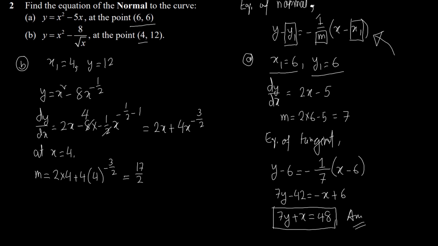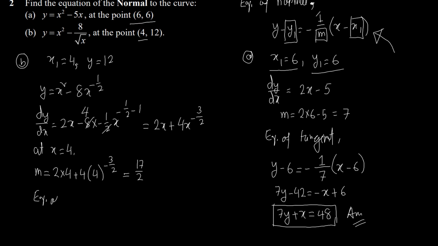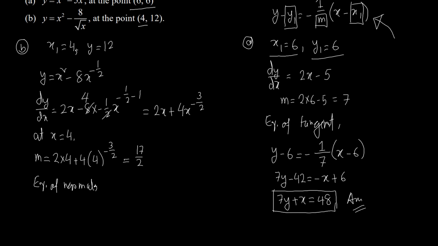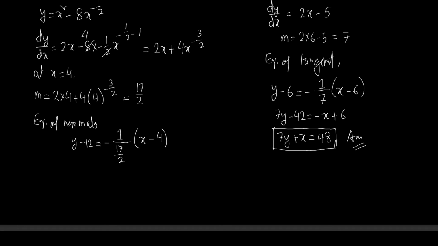Now put it in your main equation. We can write here the equation of normal, sorry, I made a spelling mistake, there is one L. So y minus y1, we have the value, y minus 12 equals the gradient minus 1 over 17 by 2, which is minus 2 by 17, and on the right side x minus 4.